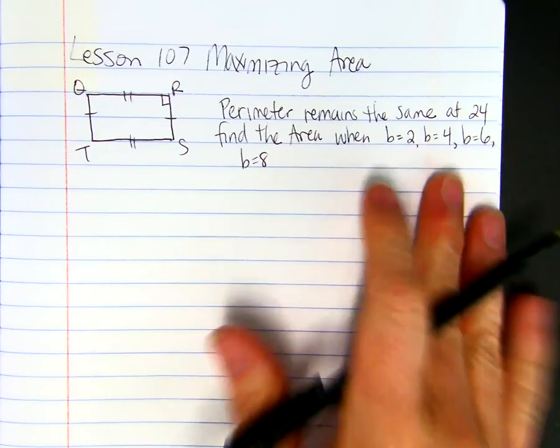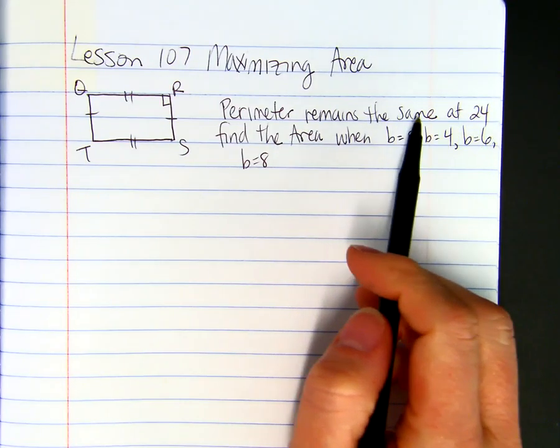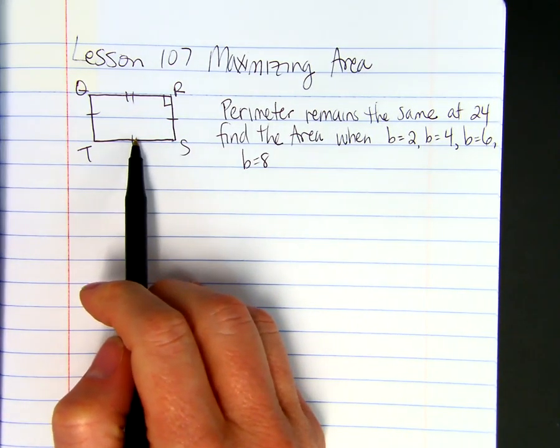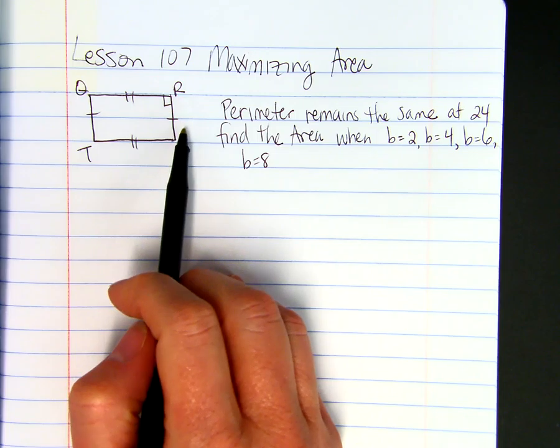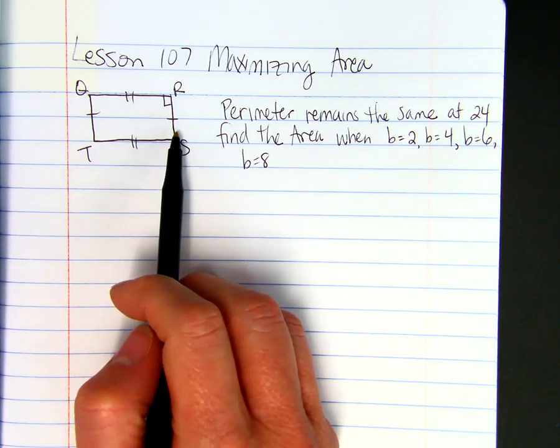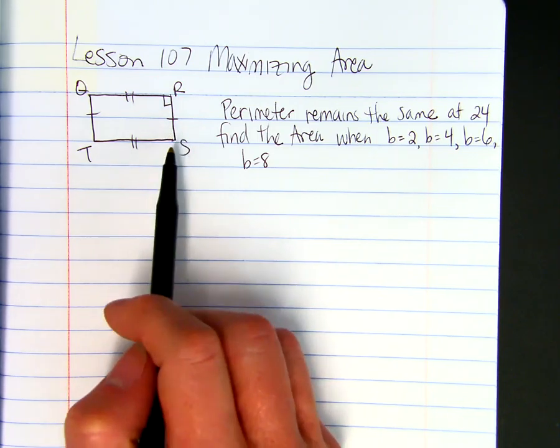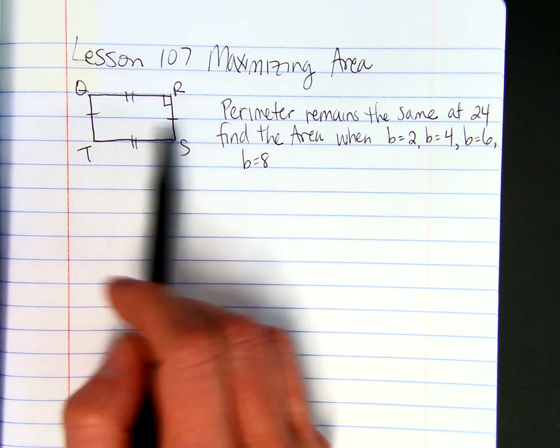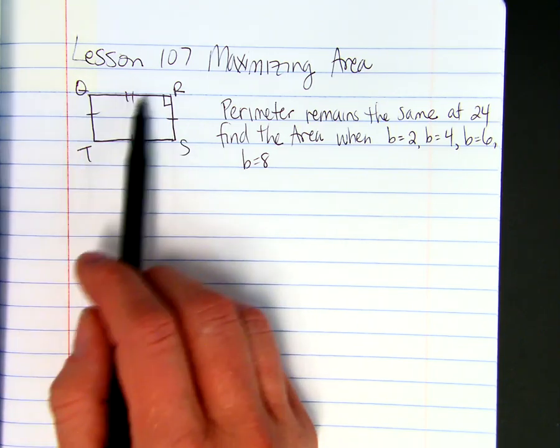So if the perimeter is 24 and the base is 2, then the height has to be 10. That way the perimeter will be 24: 10 plus 10 plus 2 plus 2.